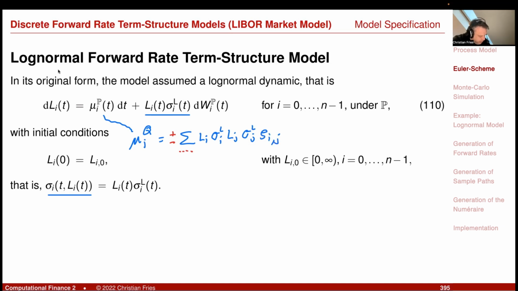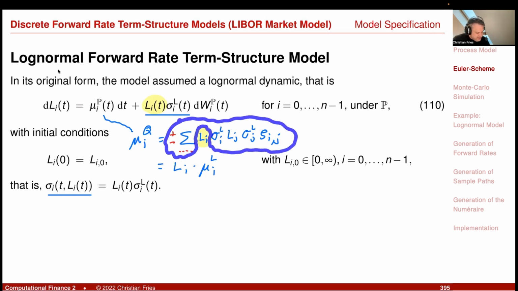So you see that both guys have an Li in front. Sometimes you also see the log normal drift just written as Li times mu I, say superscript L, where mu I superscript L is just this sum without this L part.